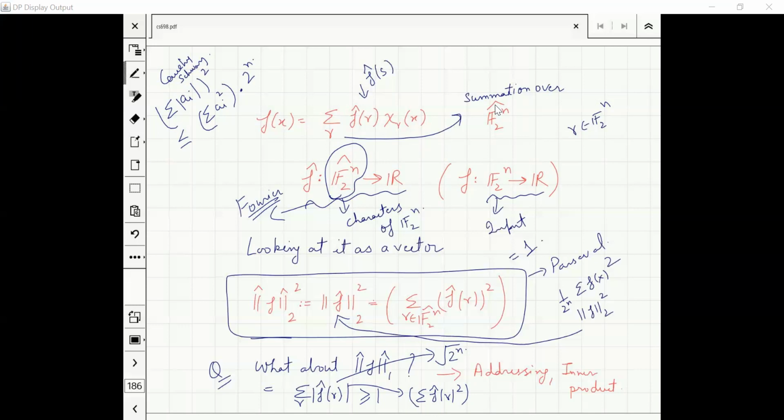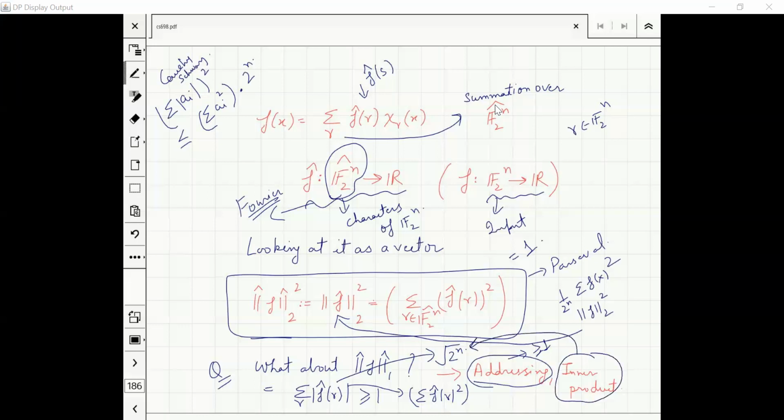In general, it can range between 1 and the square root of 2 to the power n, but probably for a Boolean function, this might be special. You can check for addressing, you will get something which is bigger than 1. So the 1 norm of f hat will be more than 1. Definitely, it can be much more than 1 in terms of n. And there are even functions where it can take the maximum possible.